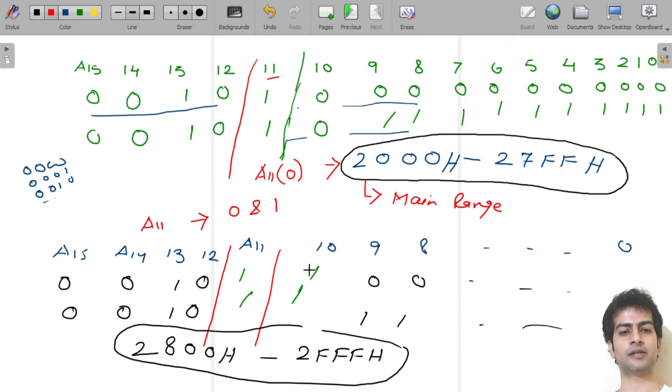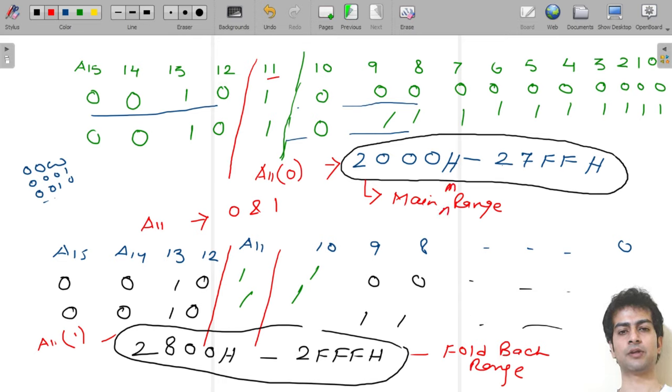This is our main range, and this was the range when A11 took value as 1. So this will be my foldback range, or mirror range.